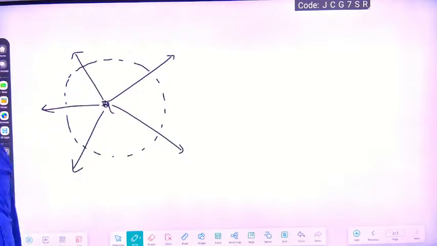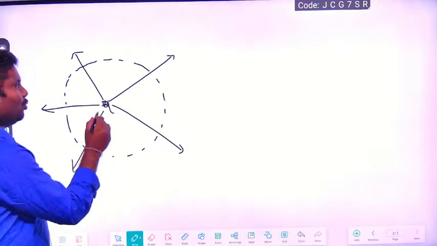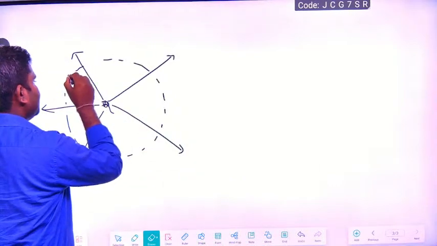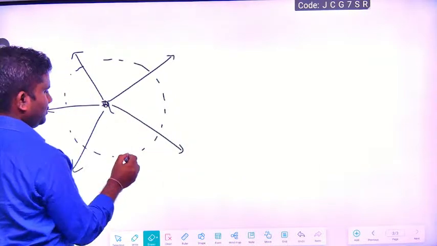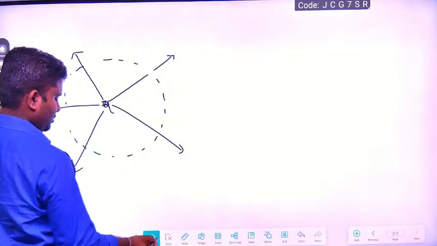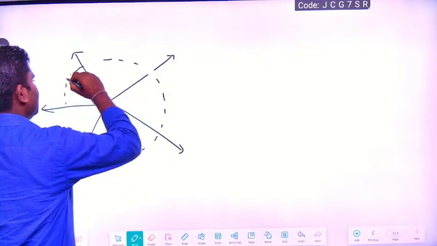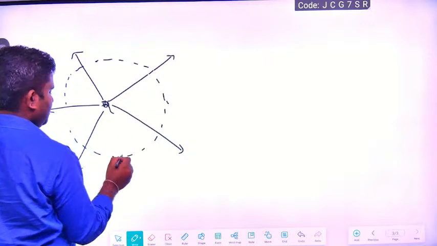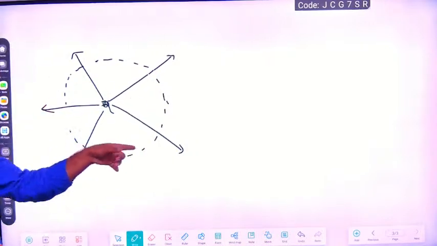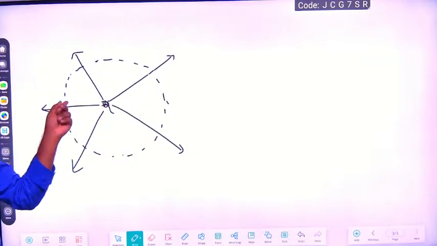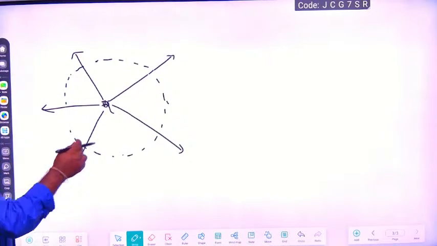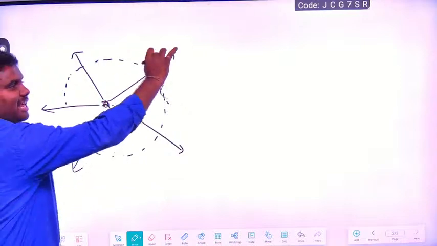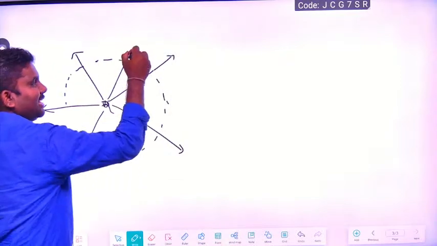Now, whatever points I am taking, the locus of all the points are at equidistance. Electric field lines are like this.